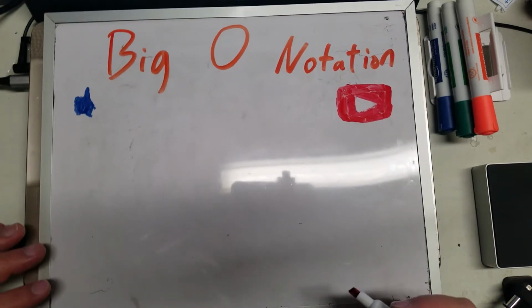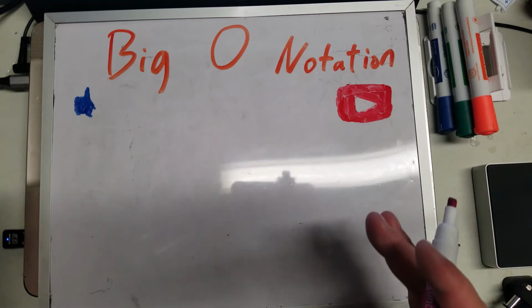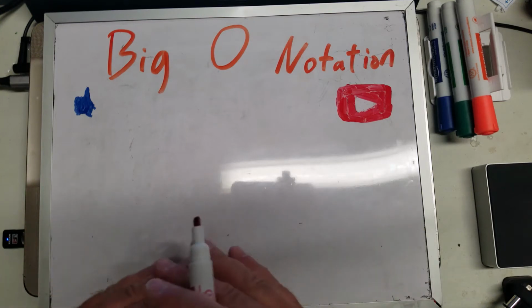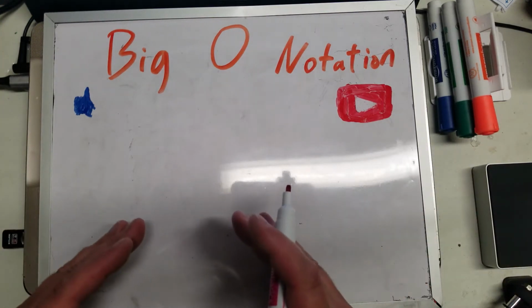So, Big O notation is really just a written way of finding how long your program is going to run.